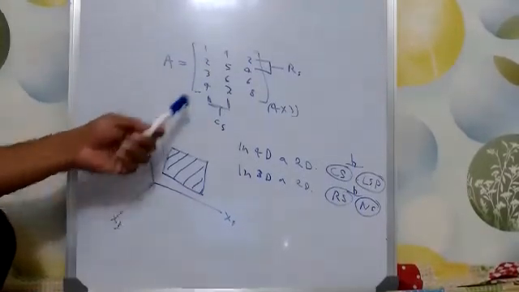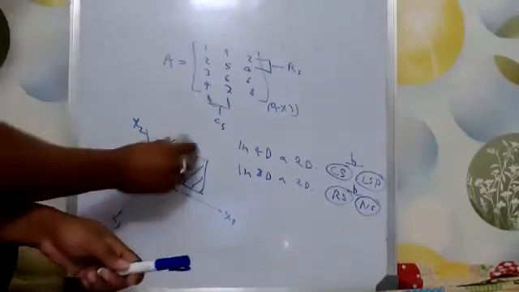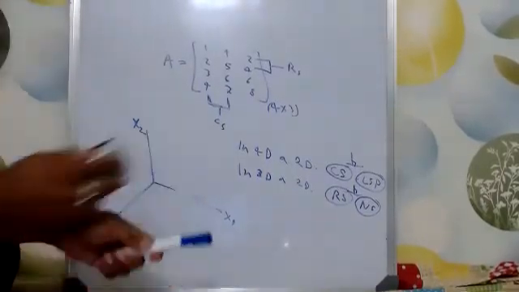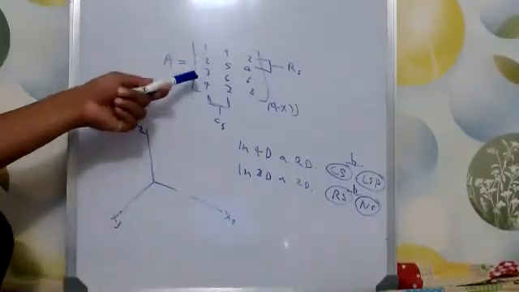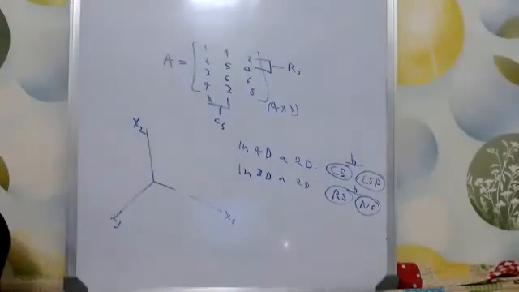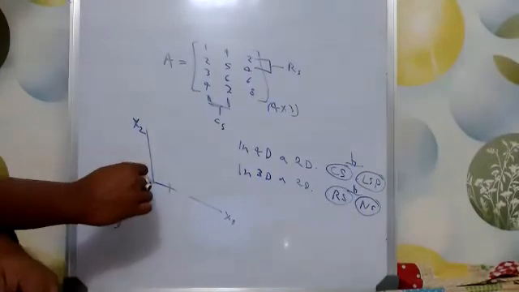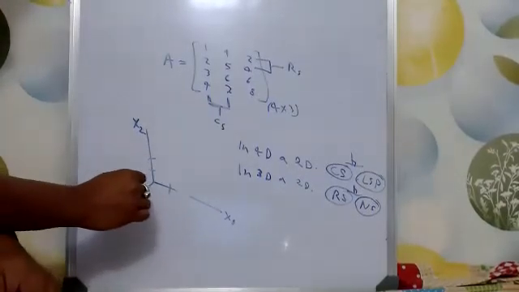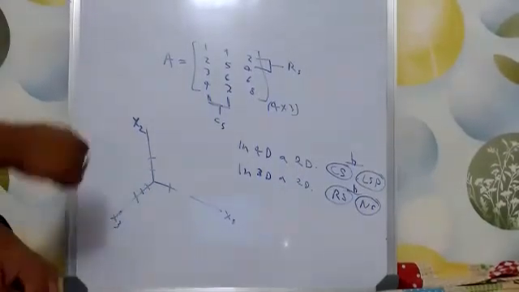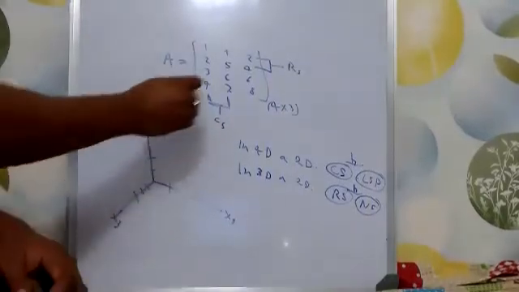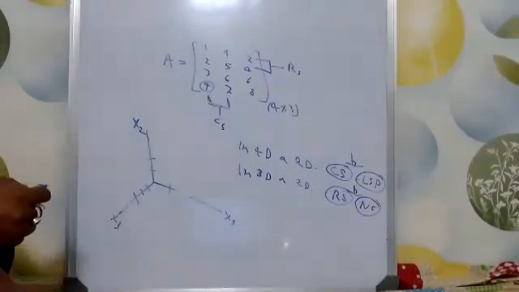Each vector, how will you represent 1, 2, 3, 4 in 3D? You say this is 1, this is 2 and this is 3. Where will I take the 4? I have to have an axis, right?